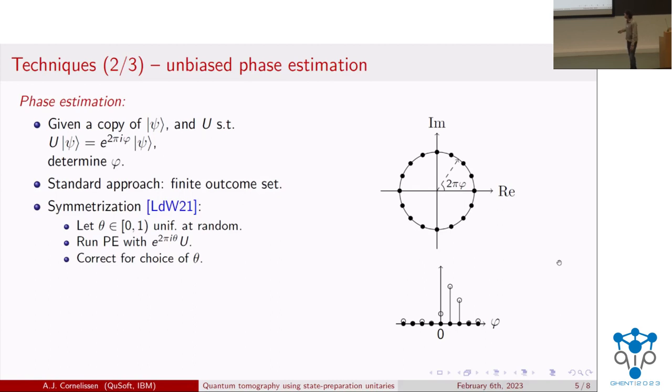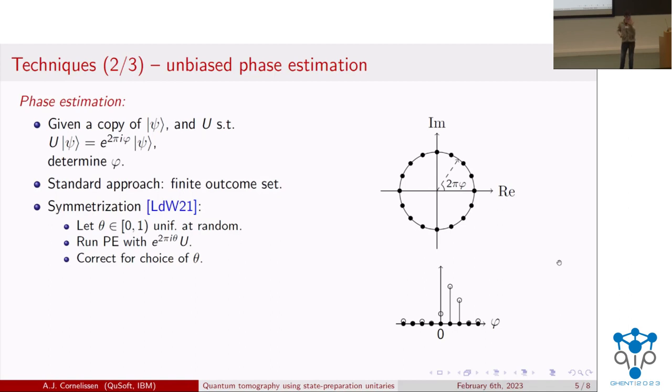Well, there's a trick. This trick is not ours, it was already present, but we use it in a novel way. The trick is to take your unitary and multiply by a global phase, so you randomly rotate the circle that you see in this picture. Then you're not going to measure phi, but phi plus this extra rotation. After the procedure, you turn the circle back again.